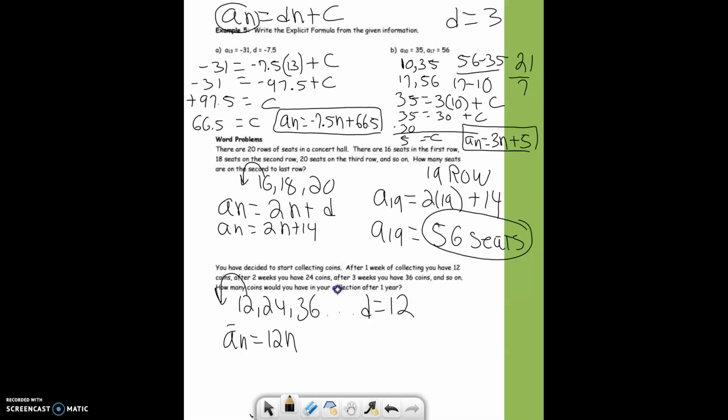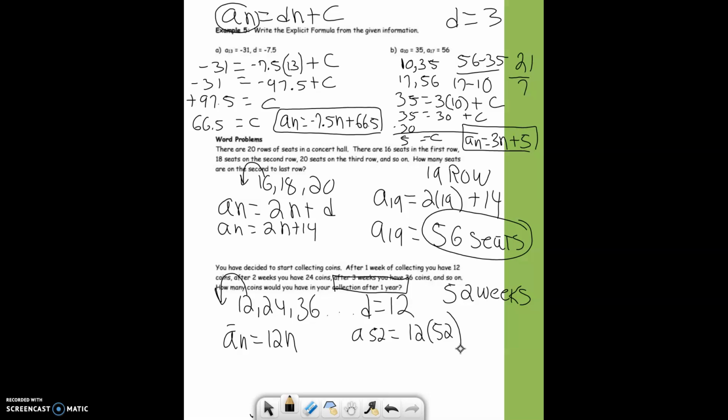So we want to find out after 1 year, and this is happening every week. So we know there's 52 weeks in a year. So let's go ahead and plug in 52 to our handy dandy formula here.